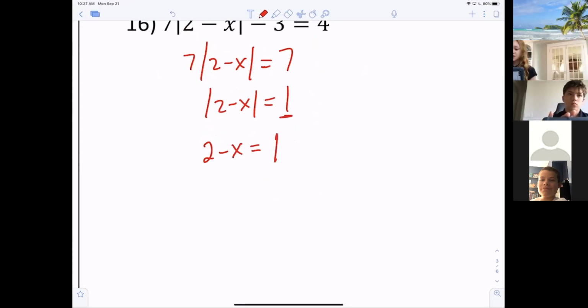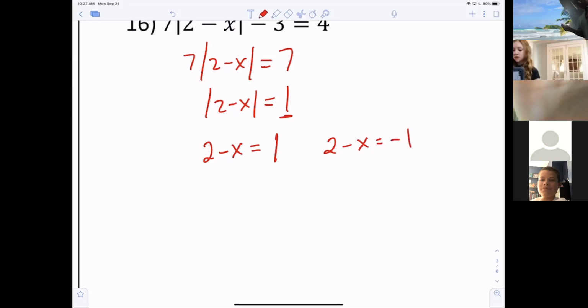And then write it as 2 minus x equals positive or negative 1? Yeah, just put negative 1 right there. So here, you can't just do plus or minus because there's something else inside the absolute value. You said it equal to 1, and then you said it equal to negative 1.